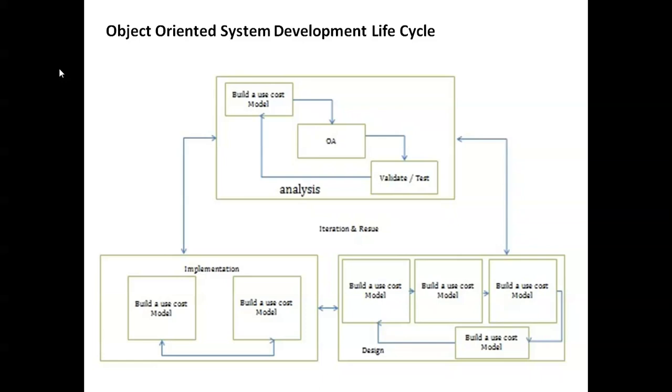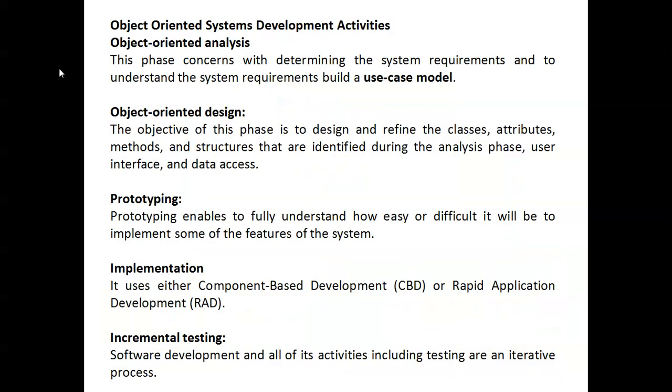So, this is the object-oriented system development life cycle; see the figure. Build the model, analysis, implementation, design, then reuse of this. The iteration and reuse are shown in this object-oriented system development life cycle figure. The object-oriented system development activities are object-oriented analysis, design, prototyping, implementing, and incremental testing.